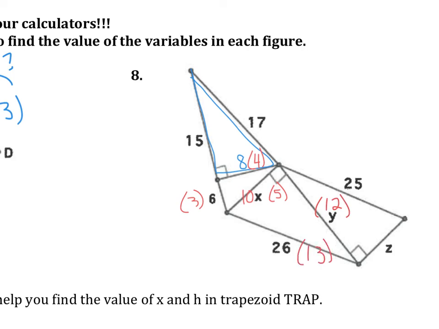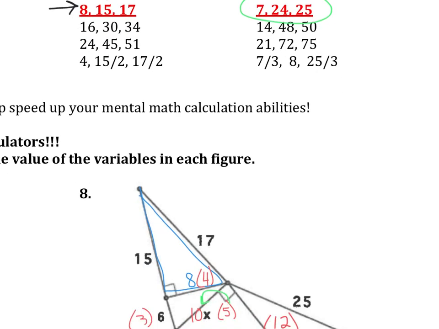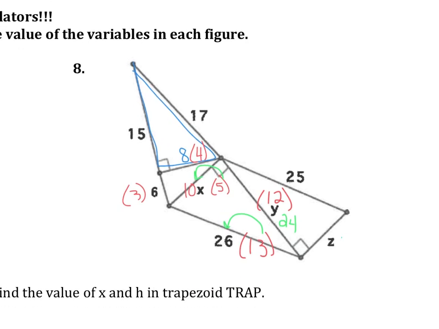What were these two multiplied by? What was 5 multiplied by to get 10? What was 13 multiplied by to get 26? Hopefully you're saying to yourself, it was 2, so I know this side has to be 24. And now, if you look, our last triple has a 24 and a 25, the two sides we have, so this side has to be 7.